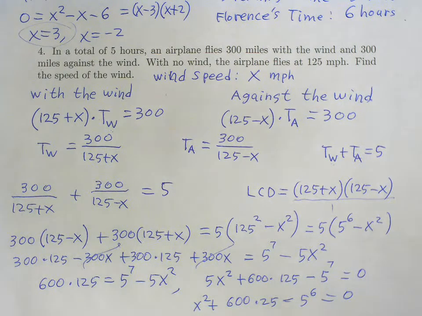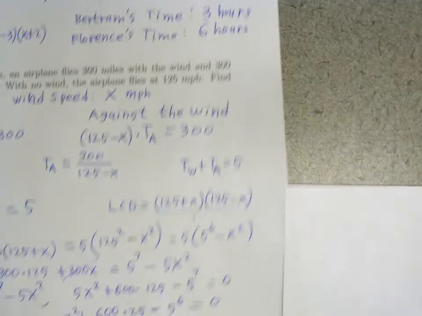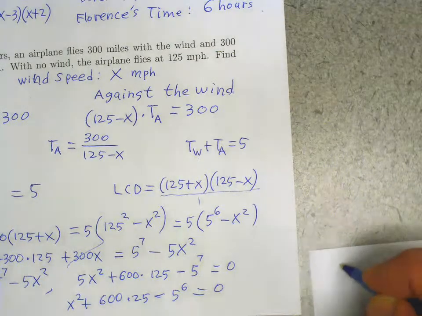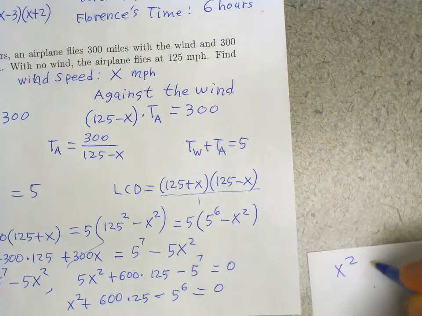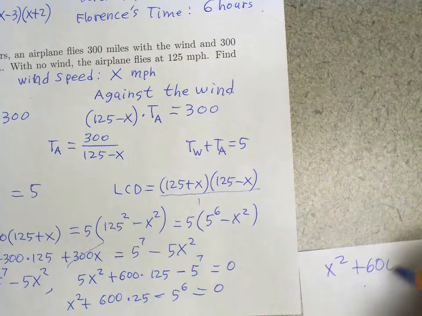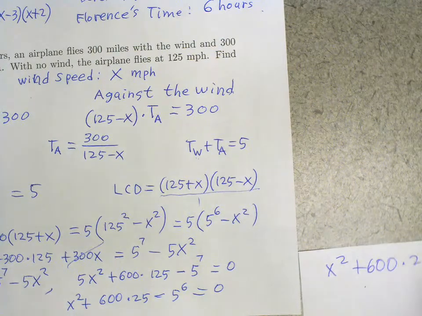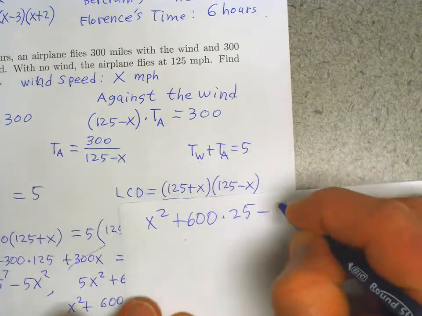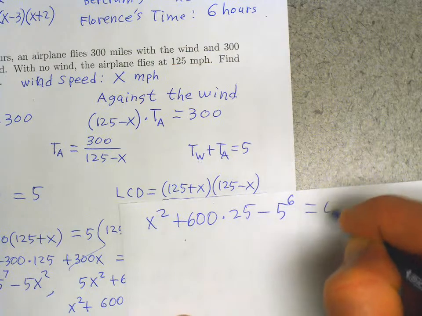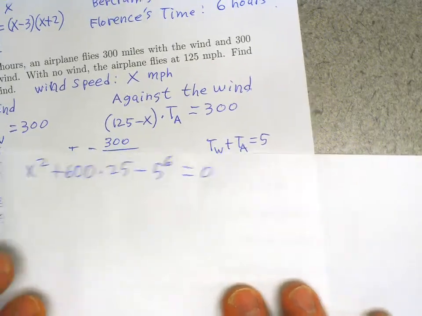So let's see. I'll write it one more step for you. So we have x squared plus 600 times 25 minus 5 to the sixth equals 0. So you can see that.